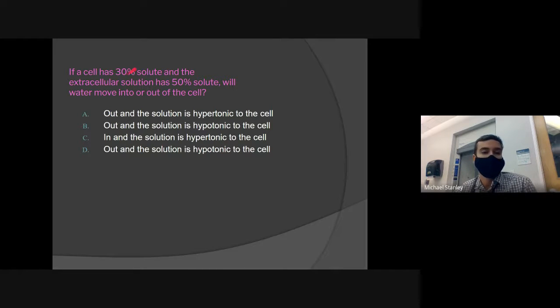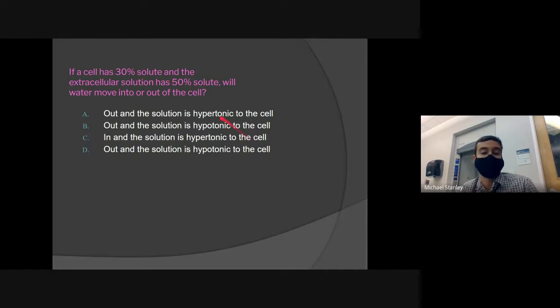So the cell is 70%, the outside is 50%. Osmosis says we move from high to low. So we're going to move from the inside of the cell to the outside of the cell. So the water is going to go out of the cell and move into the extracellular solution.